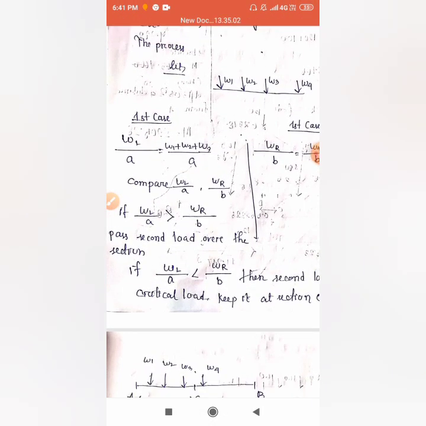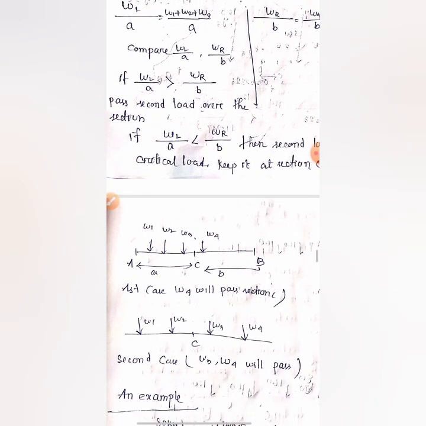In this process, suppose first WL by A is more than WR by B, and in the second case, when W3 load was passing the section C, WL by A is less than WR by B, then we can tell that W3 is the critical load. That means if we place the W3 load at the section C, we will find maximum bending moment.